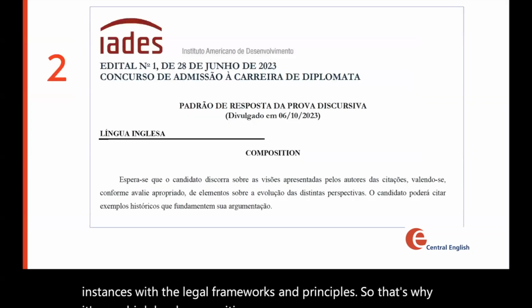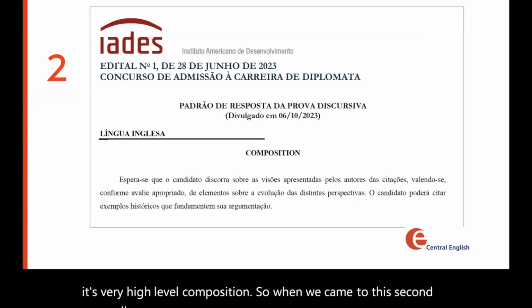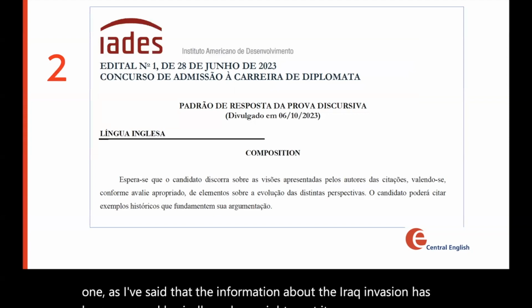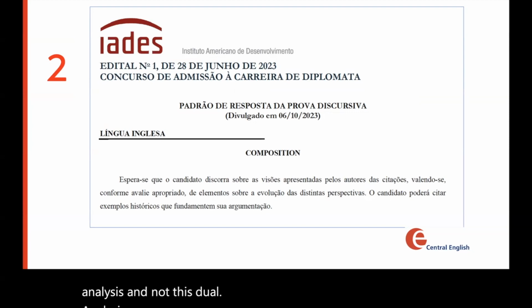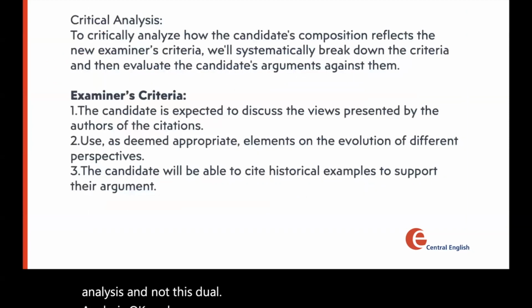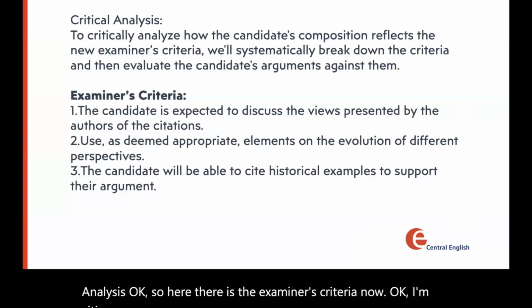So when we came to this second one, as I've said, the information about the Iraq invasion has been removed, basically, and we might want a more broader analysis and not this dual analysis. Okay, so here, there is the examiner's criteria. Now, okay, citing more historic examples and not necessarily, as I keep saying, the invasion of Iraq.